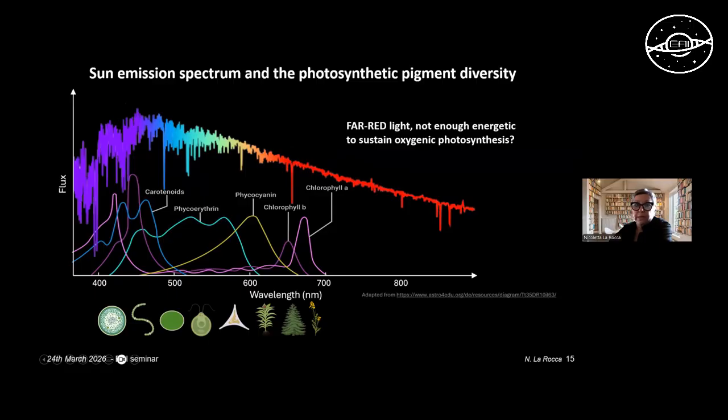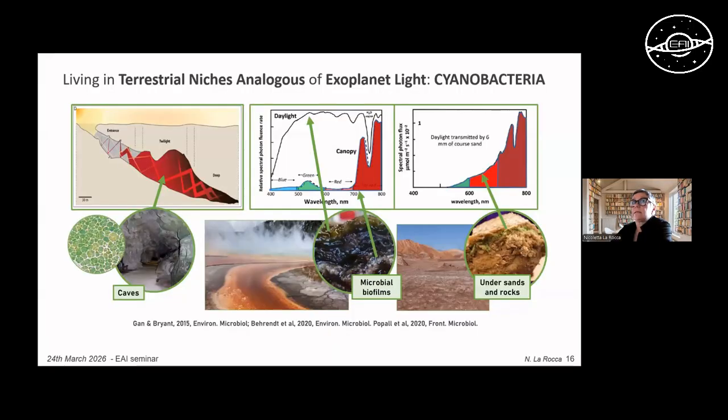we had some surprises in the last decades, as we can find terrestrial niches analogous to exoplanet-like light where photosynthetic organisms can live.